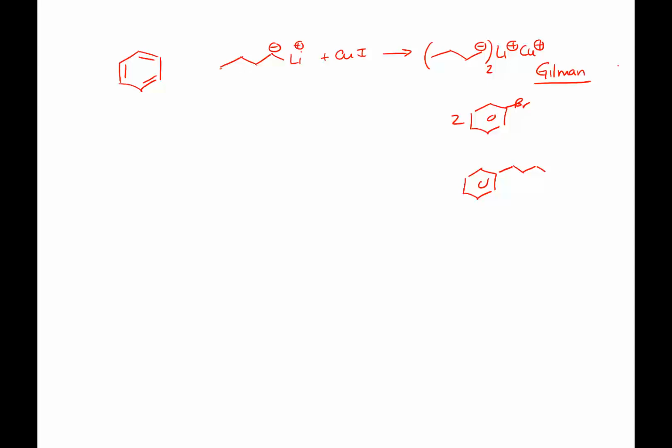So in this case, if I think about using a Gilman reagent, where did the organolithium compound come from? It came from the alkyl bromide. And wherever the bromine is, that's where the lithium will end up.